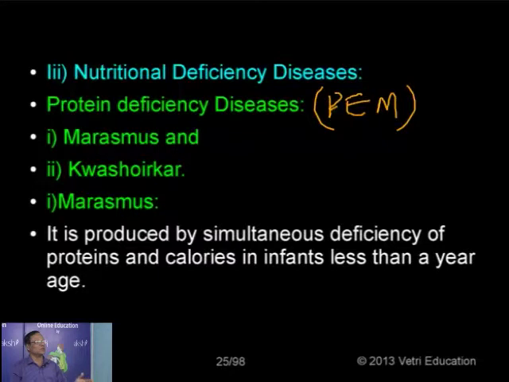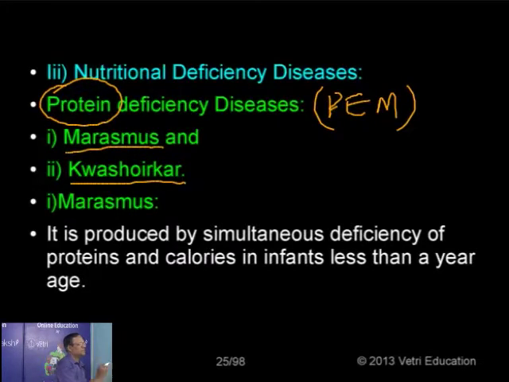That is called protein energy malnutrition, either way you can call it. So there are two different disorders mainly caused because of the protein deficiency. One is called marasmus, another one kwashiorkor.